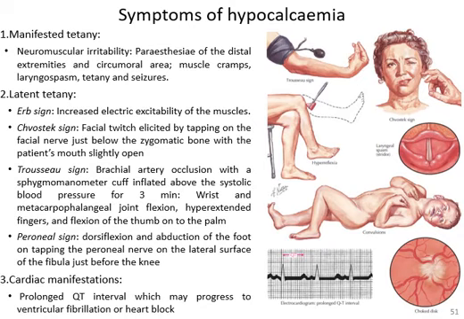In Chvostek sign, when you tap the facial nerve on the zygomatic arch, you will elicit a smirk on the afflicted face, and in the Trousseau sign you can see a carpal spasm of the patient upon inflation of the sphygmomanometer cuff above the systolic blood pressure for 3 minutes.